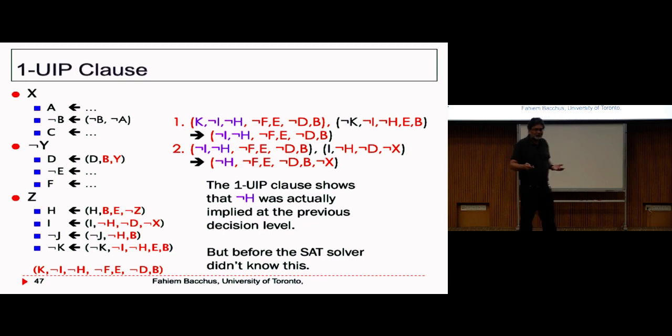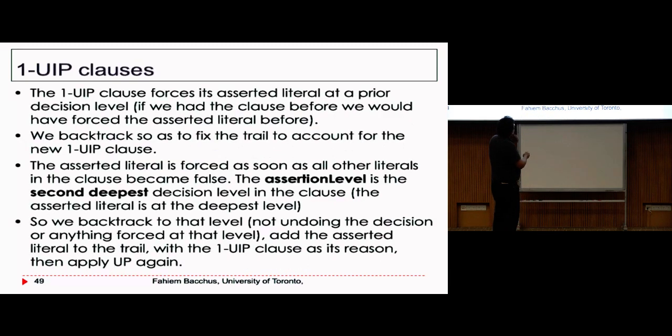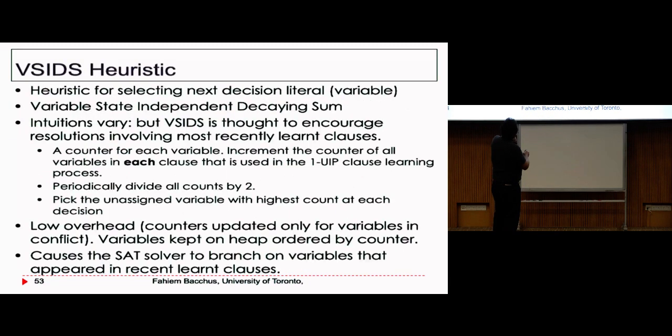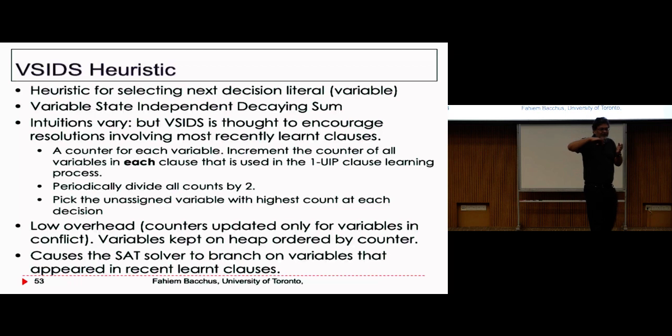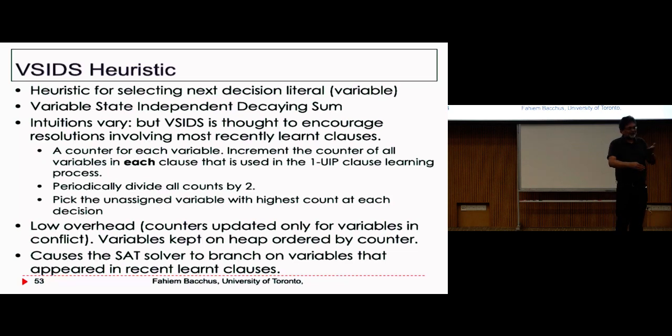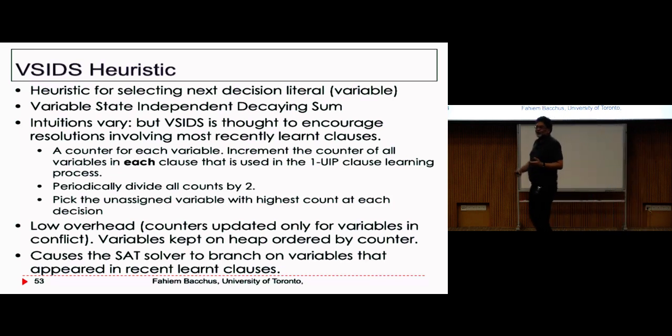We increase their variables by 1. And then we periodically divide all the counts by 2. And that means that the old counts get exponentially decayed. And the variables that appear in recent clauses get a higher relative value. And we pick an unassigned variable that has the highest count. Right? So that's what's called VSIDS.